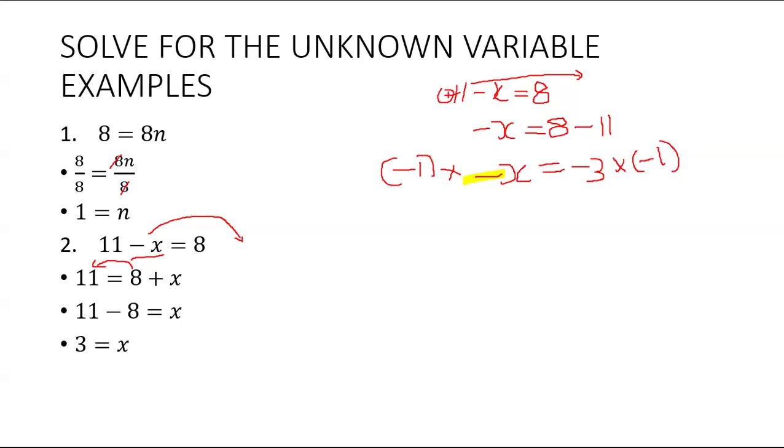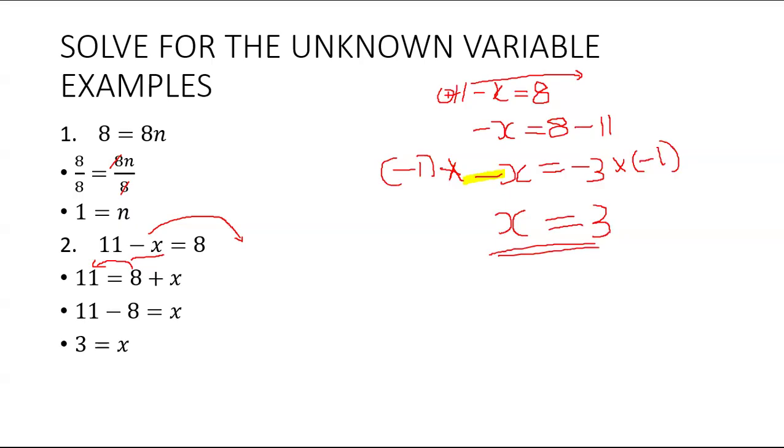So you will remember this. Negative times negative is positive. So we end up having positive x, which is what we wanted. On the right-hand side, we really don't care what it is, as long as it's a value. What a tongue twister there. So negative 3 times negative 1, it gives you 3. So now that is the value of x.